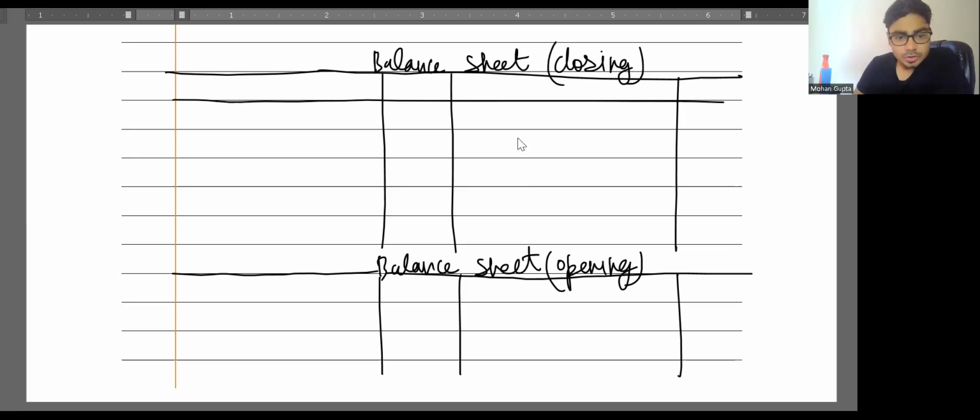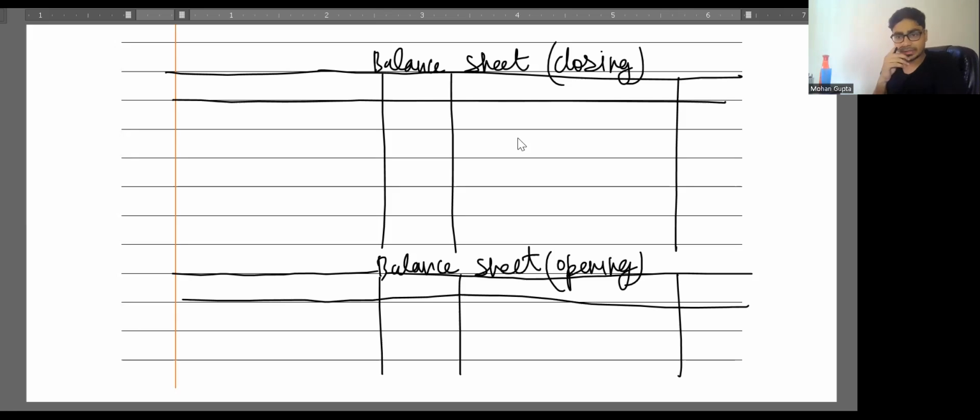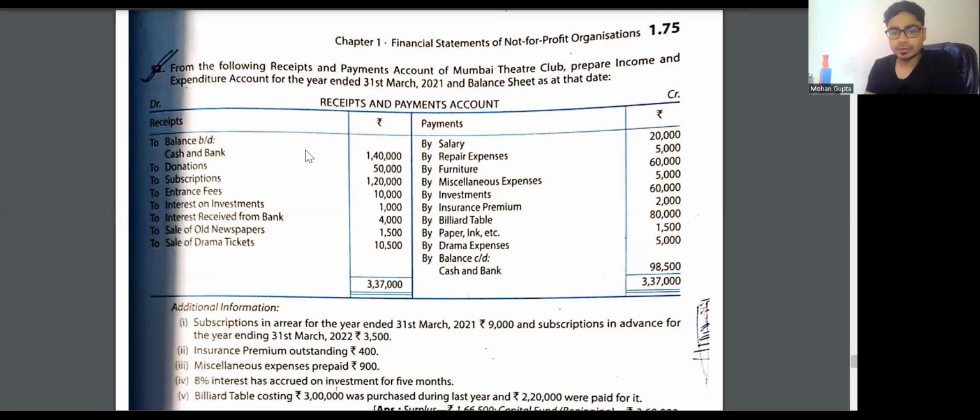So what we will do is find all the assets and liabilities that were given to us in the question. Let's see how many you can find. Try to find opening assets and opening liabilities, everything that you can find, and put them here. You have to look at three things, Dhruv. First, look at the receipt and payment account. You will find many assets and liabilities in this.